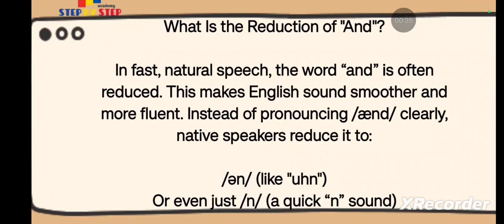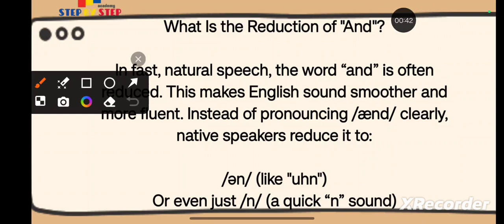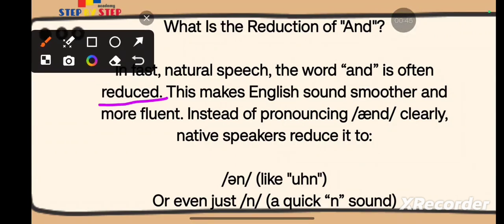It's not all the time pronounced "and" clearly and fully like that. In fast natural speech, the word "and" is often reduced. And again, what do we mean by reduced? That we make it smaller. This makes English sound smoother, easier, okay, and more fluent.